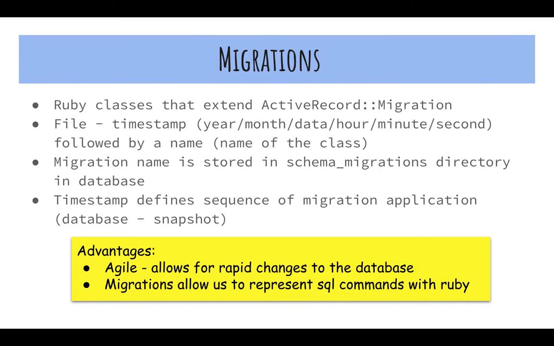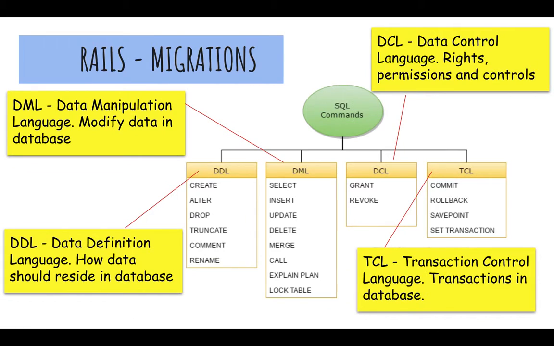The advantages are that it's agile, it allows for rapid changes to the database, and migrations also allow us to represent SQL commands with Ruby. So they act as a kind of wrapper for all of these different types of SQL commands. Within SQL, we've got DDL, which is part of our structured query language.